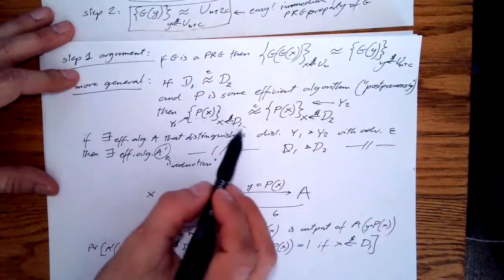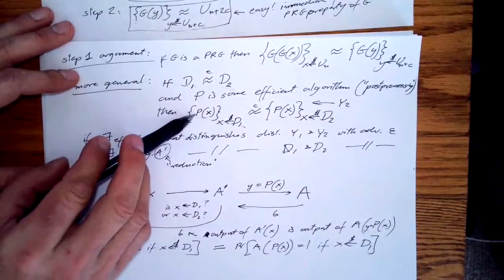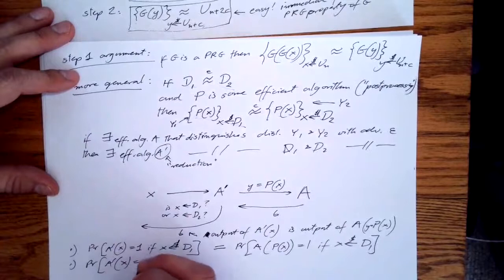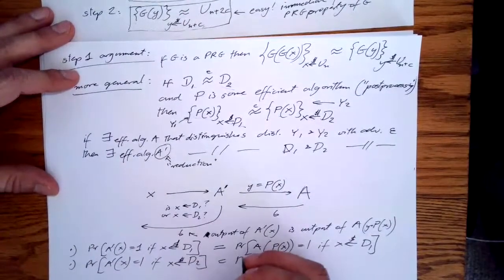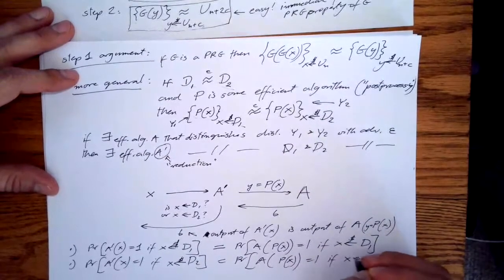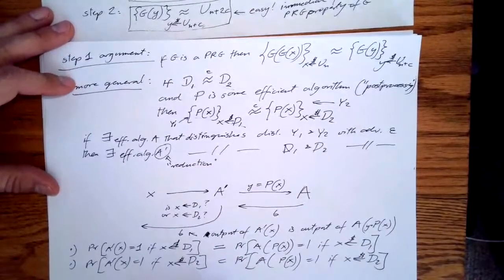He sees precisely this distribution: some value is chosen from D1 and then post-processing is applied to it. Likewise, the probability that A prime on X outputs 1 for X taken from the second distribution is the same as the probability that A on P of X outputs 1 if X is taken from the second distribution. It's the same argument.